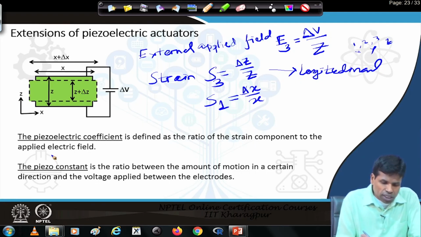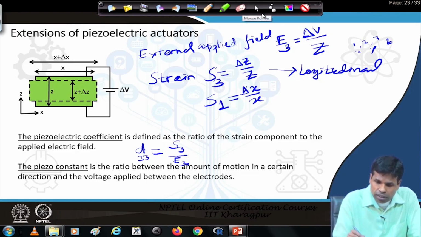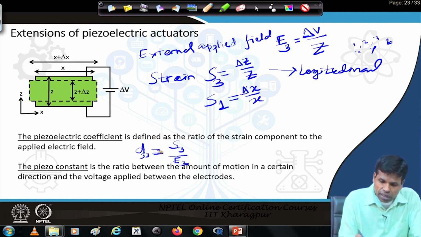Thus, we can write the piezoelectric coefficient D is equal to the strain component S3 divided by E3. Here, as both are 3, I write D superscript 33. This is done in the Z direction, that is the longitudinal piezoelectric coefficient.